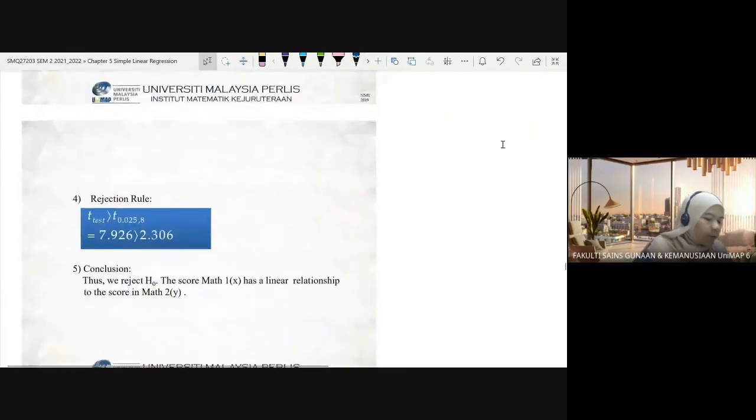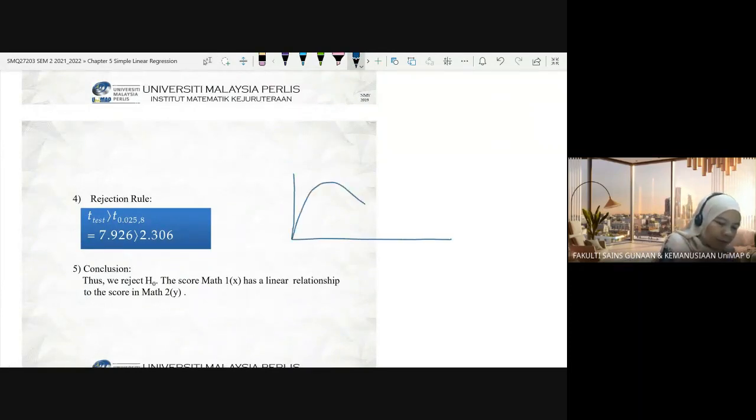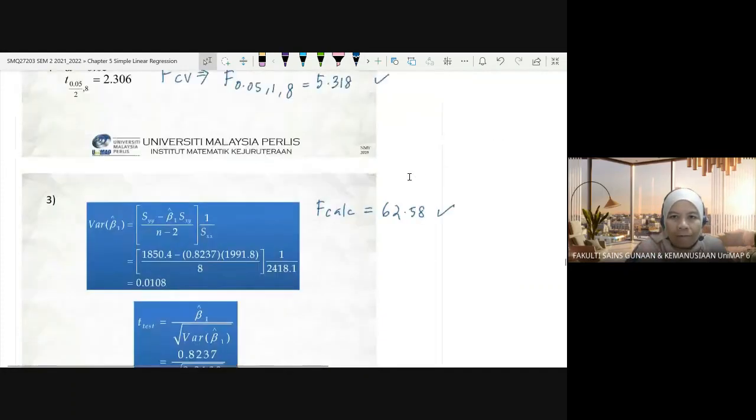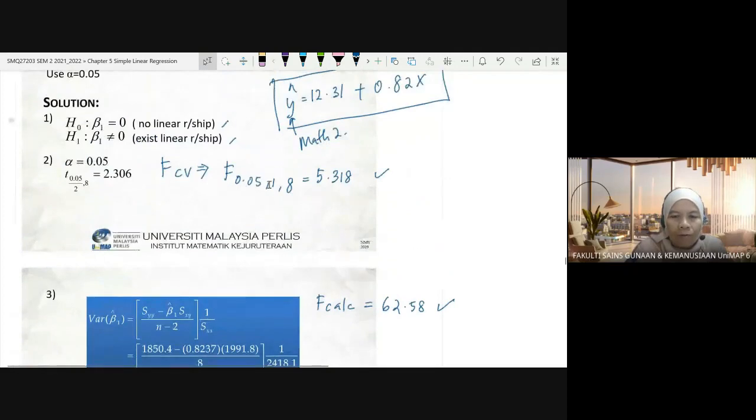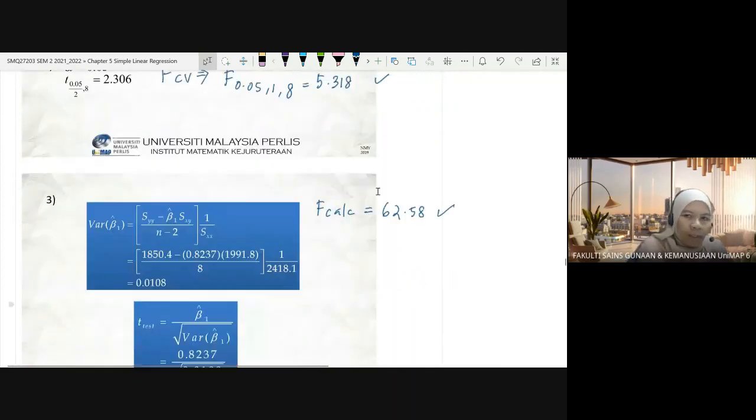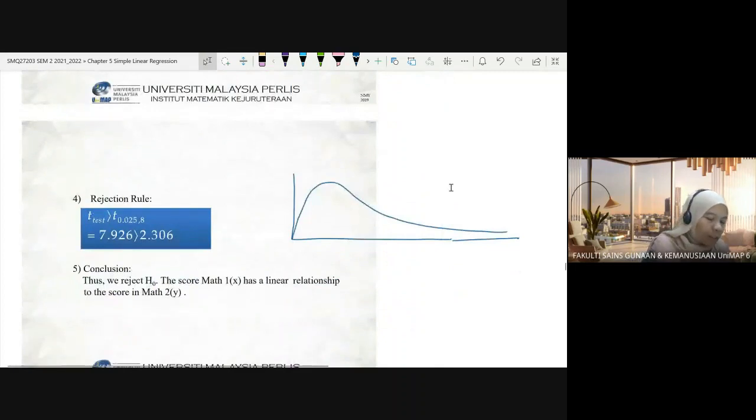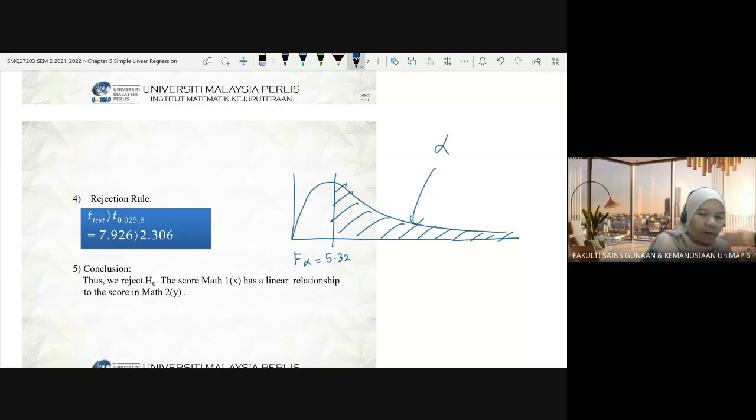Then the fourth step would be making your decision. Since we are discussing our F, and our F critical value for 0.05 is 5.32, let's say I take 2 decimal points. 5.32 is your F alpha, and this is your alpha.